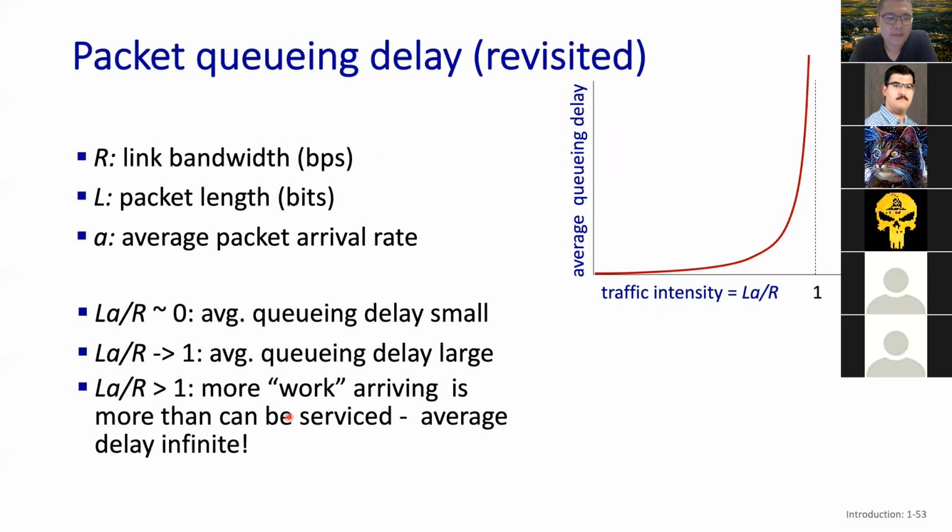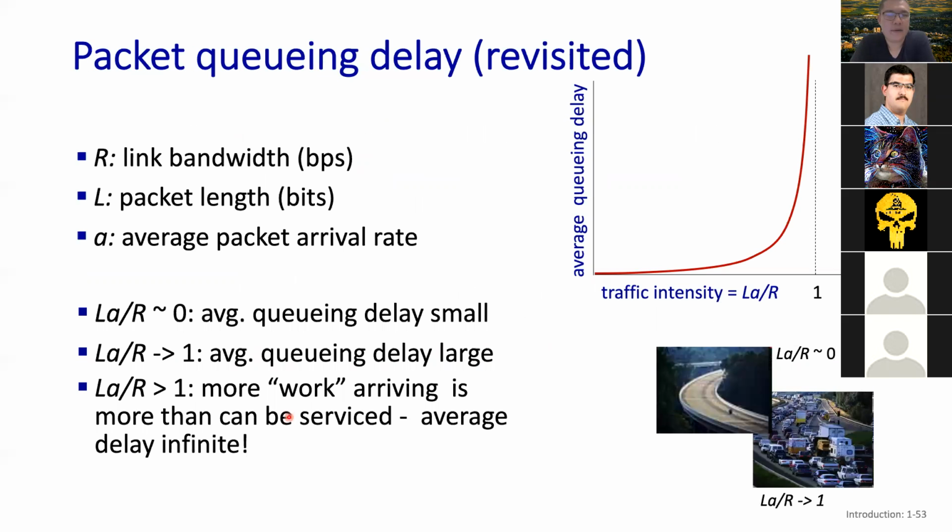So if you think about the highway, right? If L times A divided by R is close to 0, that means almost there is no car in the queue and the highway will be almost empty, almost free, right? And the delay would be very small.